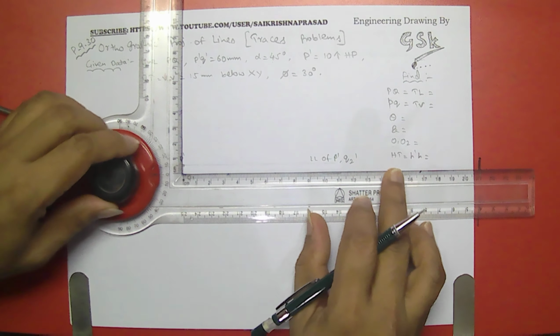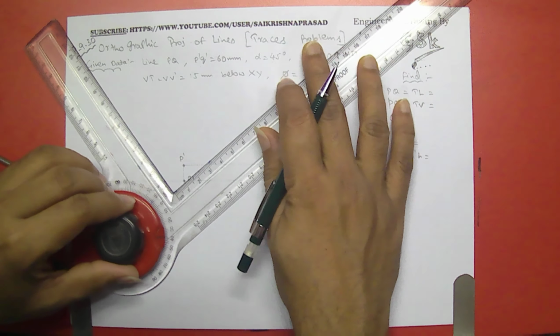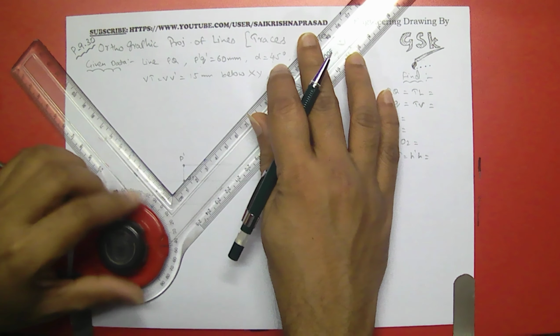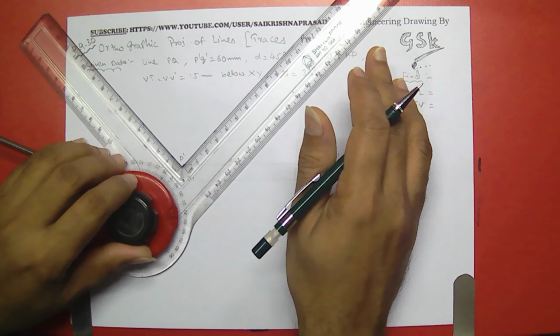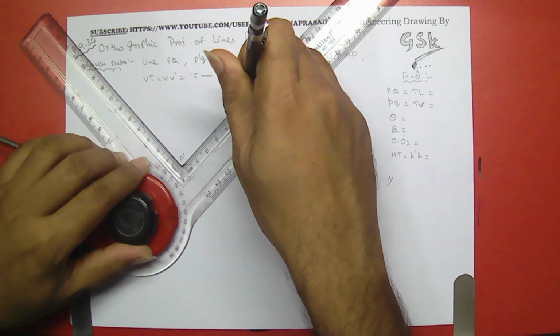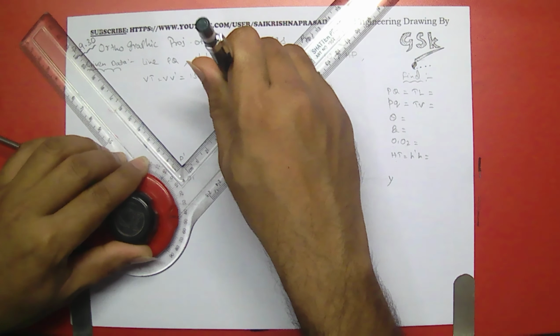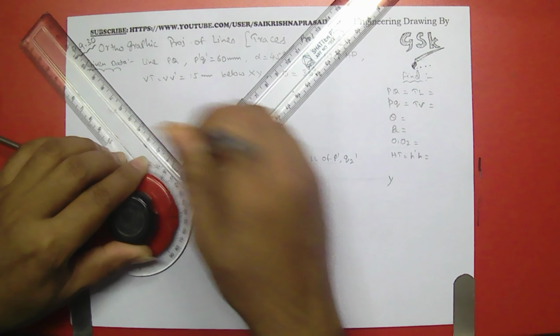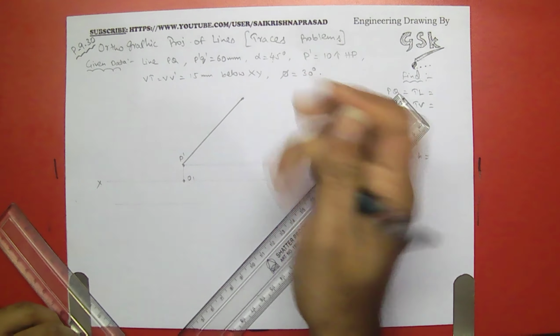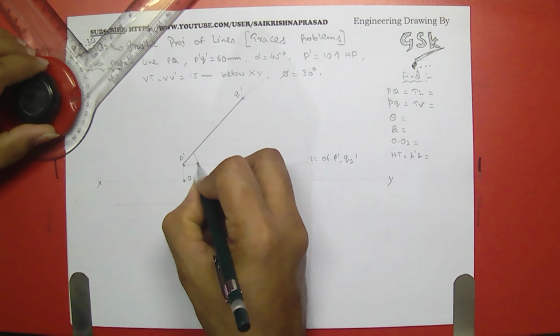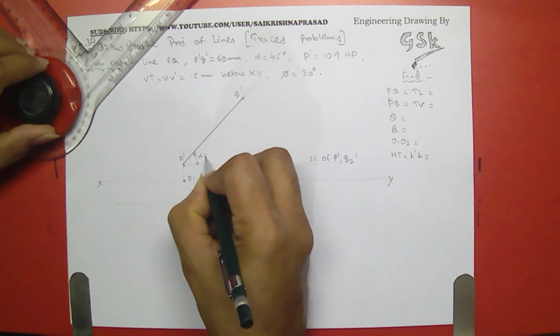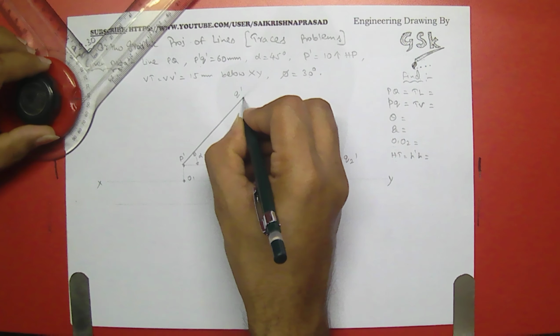I'll tilt the drafter to 45 degrees and draw a line of 60 mm because P dash Q dash is 60 mm. This is Q dash, and this angle is alpha, that is 45 degrees.